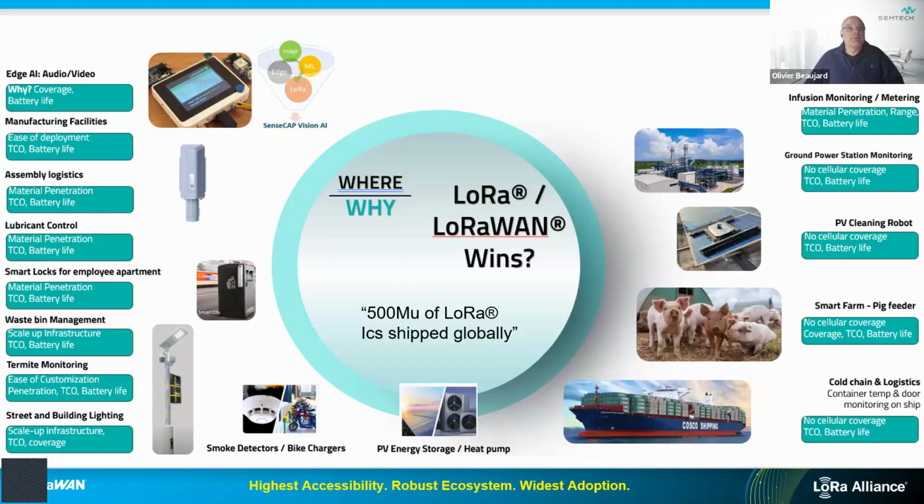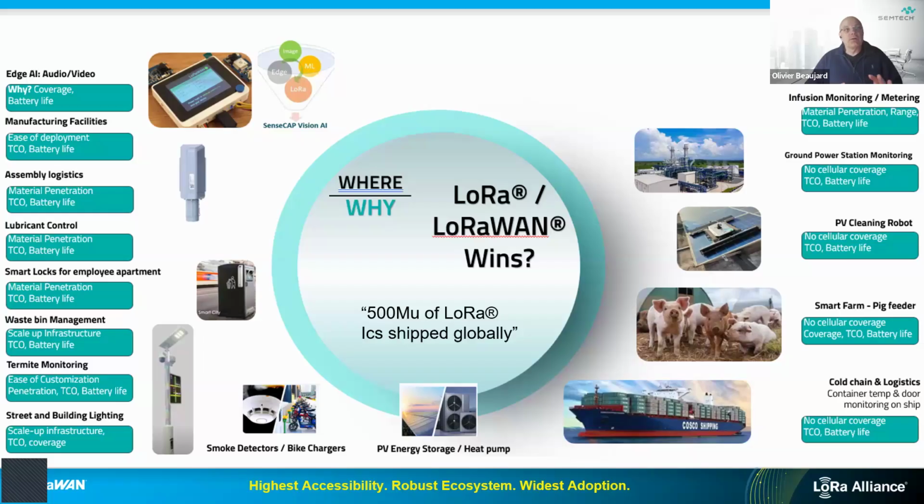So I'd like to deep dive into where LoRa and LoRaWAN is winning, because we are not in use everywhere. There are some use cases where it does not make any sense to use a technology like LoRaWAN. But the majority of the volume, I try to summarize here, is made in those different verticals that you can see here.